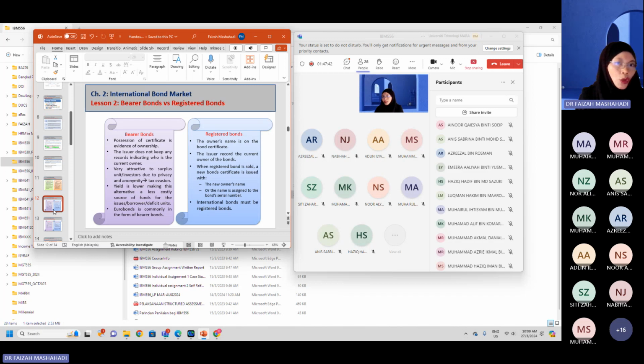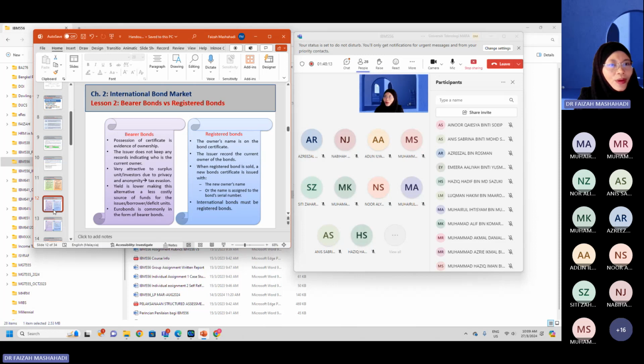Which one is more secure? Bearer bond or registered bond? Registered. Registered bond. Ya, betul kan? Registered bond is more secure. So when we read just now about international bond and foreign and euro bond, which one of these bonds must comply with the rules and regulations of the location where they issue the bond?